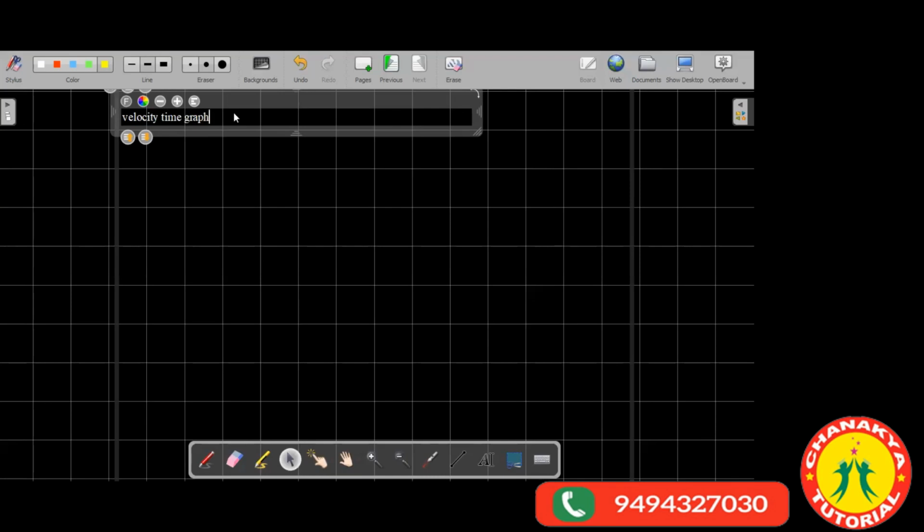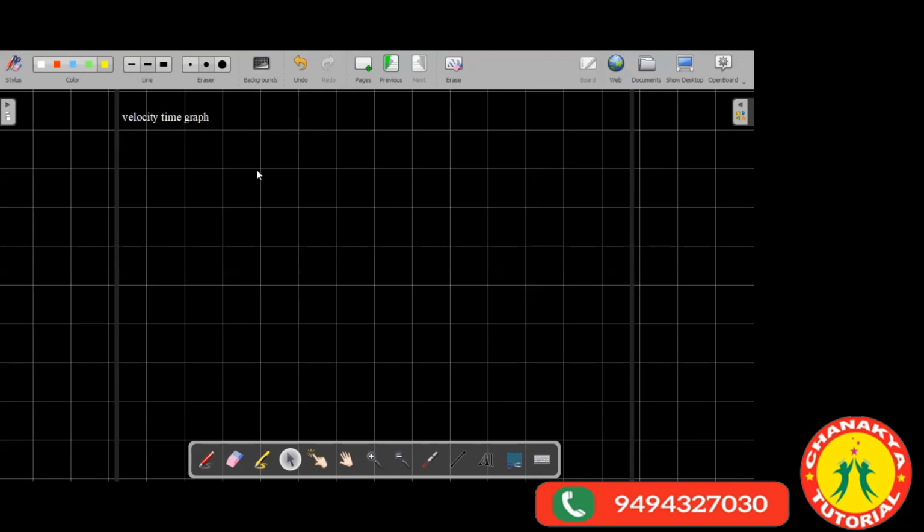So again, velocity time graph will represent the variation of velocity with time. How does velocity change with time? So again, on y-axis, we will be plotting velocity, and on x-axis, we are plotting time. So you get here velocity, this one as time.